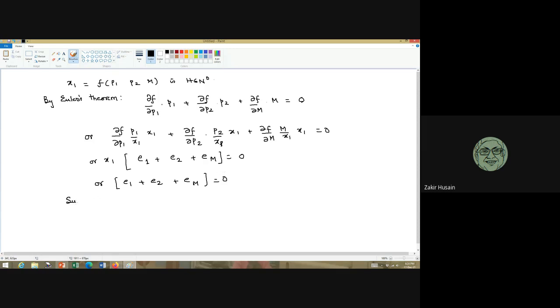So what we are basically seeing is that the sum of own price, cross price, and income elasticities is equal to 0.